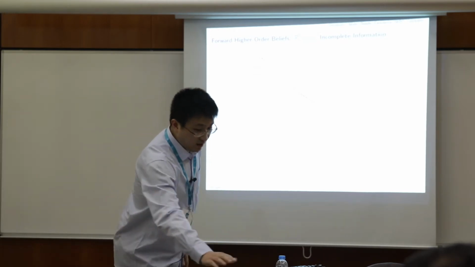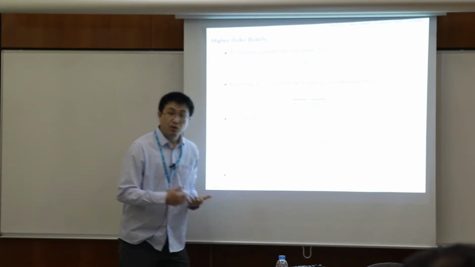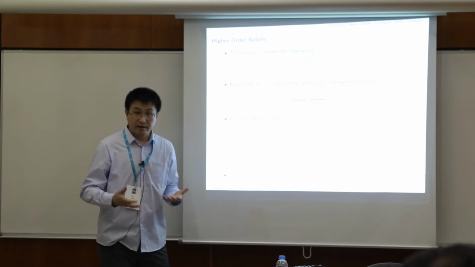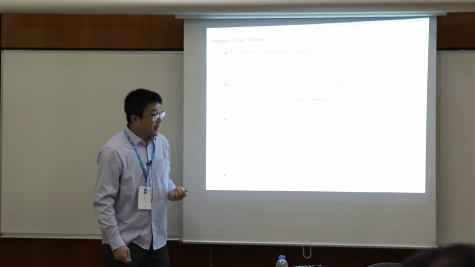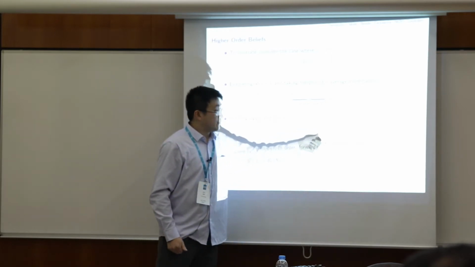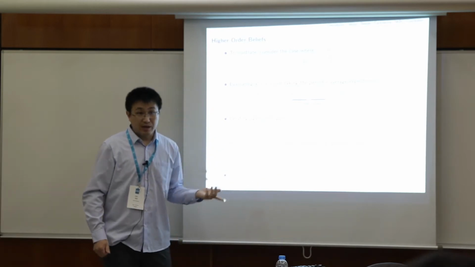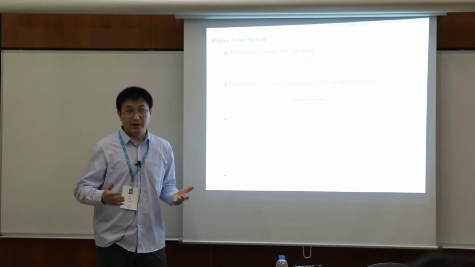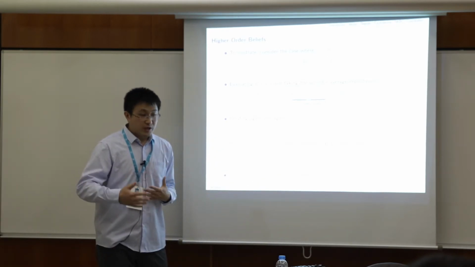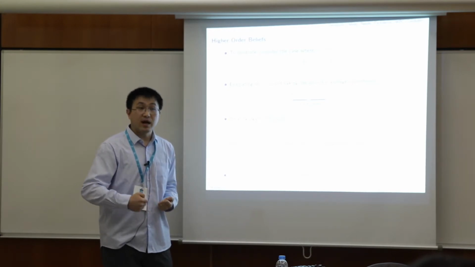At the end of the day, the aggregate action is going to be the weighted average of all these higher order beliefs. The weight you assign on low order versus high order beliefs is captured by this gamma, which controls the degree of complementarity. If you have a large gamma, it means you have high complementarity, or stronger general equilibrium effects, and you're going to assign a higher weight on those high order beliefs.